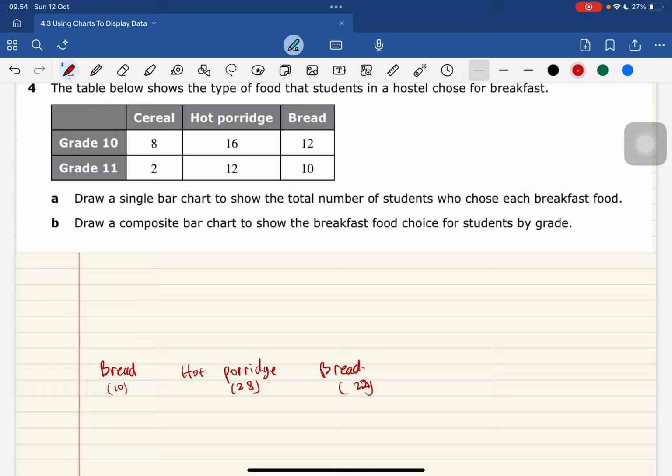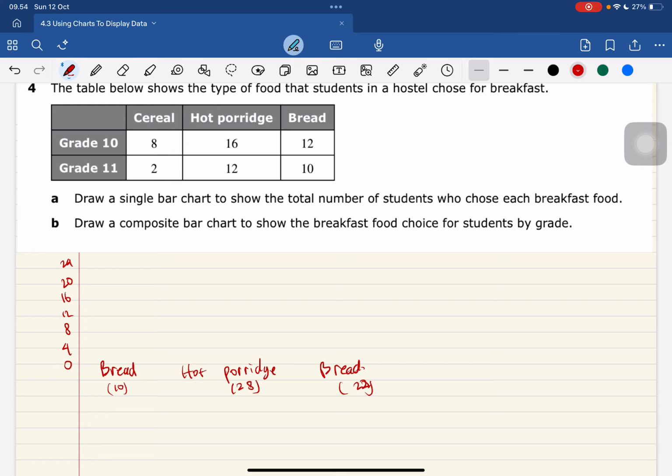Okay, so we can make it in the scale of, if this is 22, okay, let's make each one on 4. So this is 0, 4, 8, 12, 16, 20, 24. Okay, this is not enough.